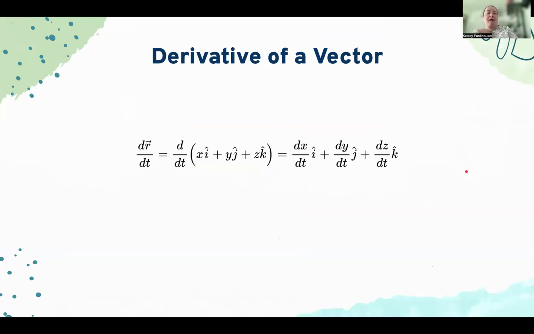Just a reminder about the derivative of a vector. This is the position vector r, given by x, y, and z magnitudes and their unit vectors. If we're taking the time derivative of this, we just distribute the time derivative. So we end up with dx/dt times i hat, dy/dt times j hat, and dz/dt times k hat.